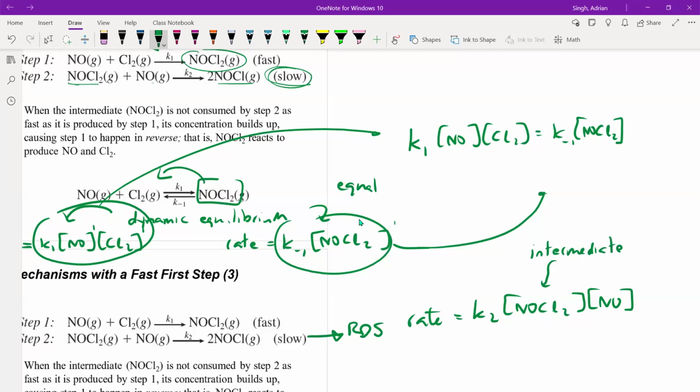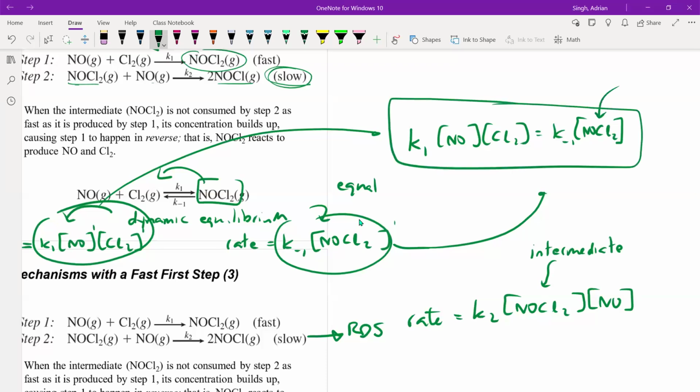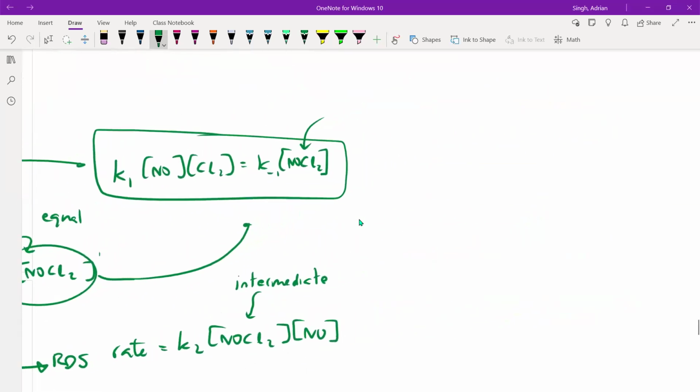What we've just done in the previous step is come up with this expression right above that actually has the intermediate in it. What we can do now is a little bit of algebra on it. We can rearrange it and solve for the concentration of NOCl2.